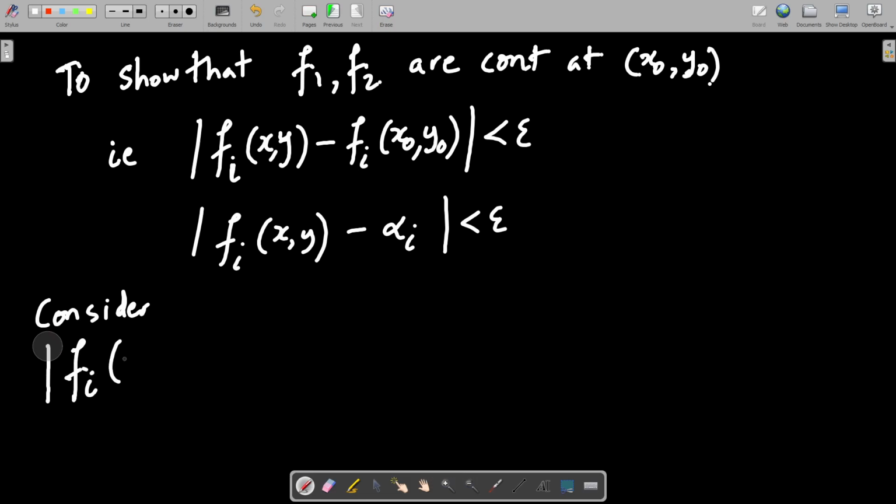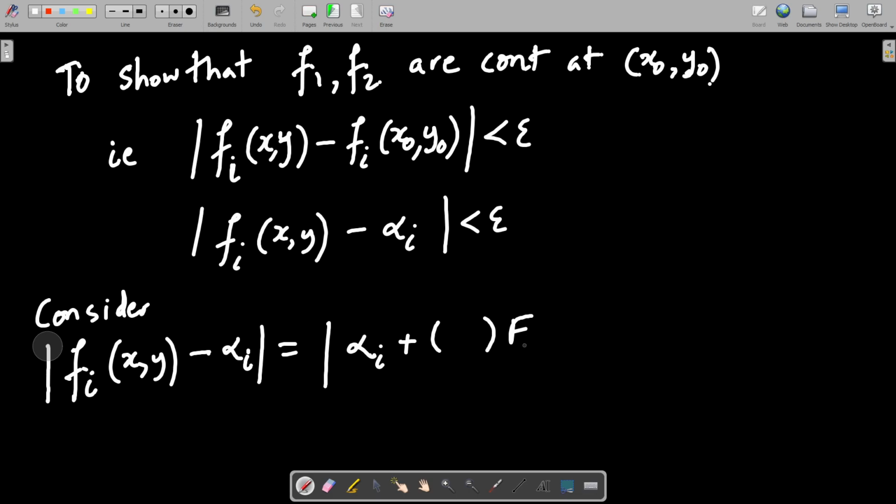fi of (x,y) minus alpha i. What is this quantity? Fi is defined as alpha i plus, you either have x minus x naught over there or y minus y naught, so I'll just leave it as a bracket, of f of (x,y). This is x minus x naught or y minus y naught, depending on which term you are referring to.